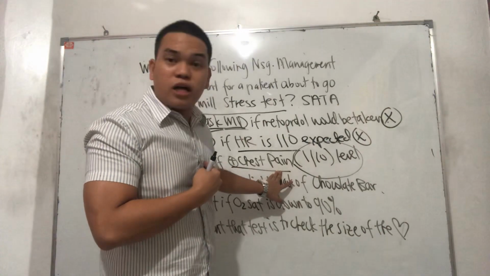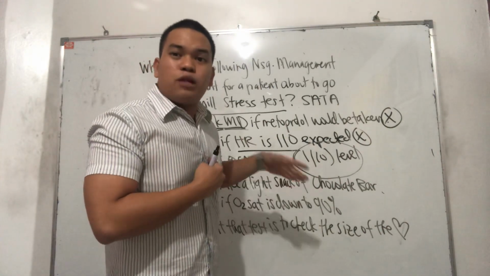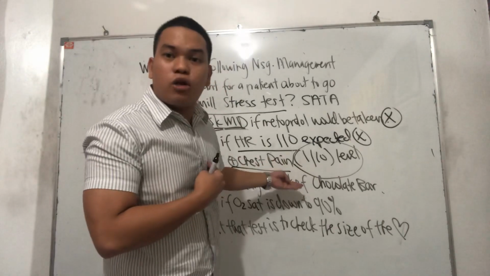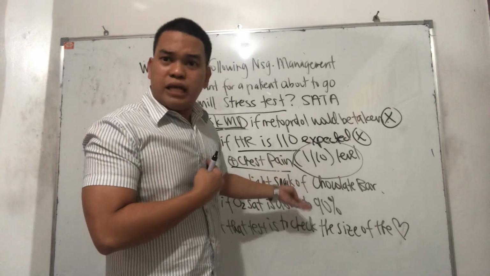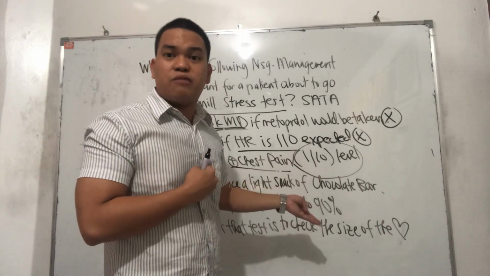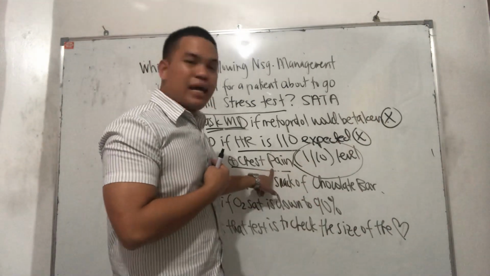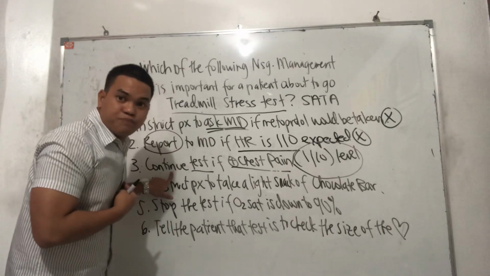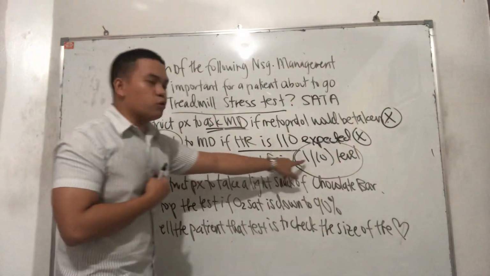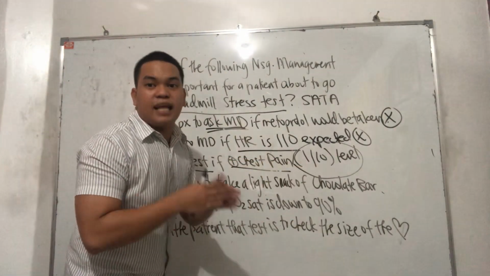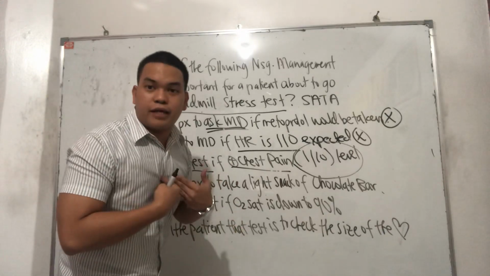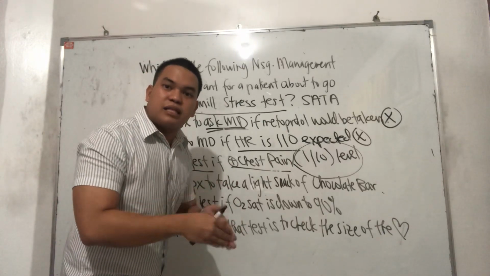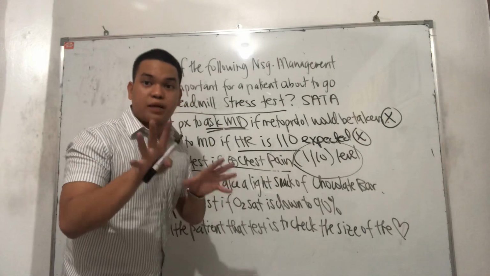And if there's myocardial ischemia, can we know if the patient is tolerating the activity? Yes or no? No. The patient is not tolerating the activity, guys. Why? Because of the evidence of the chest pain. Therefore, we cannot continue the test if there's chest pain, even though it's only 1 out of 10. Any level of chest pain during the test tells you that you need to stop the test.